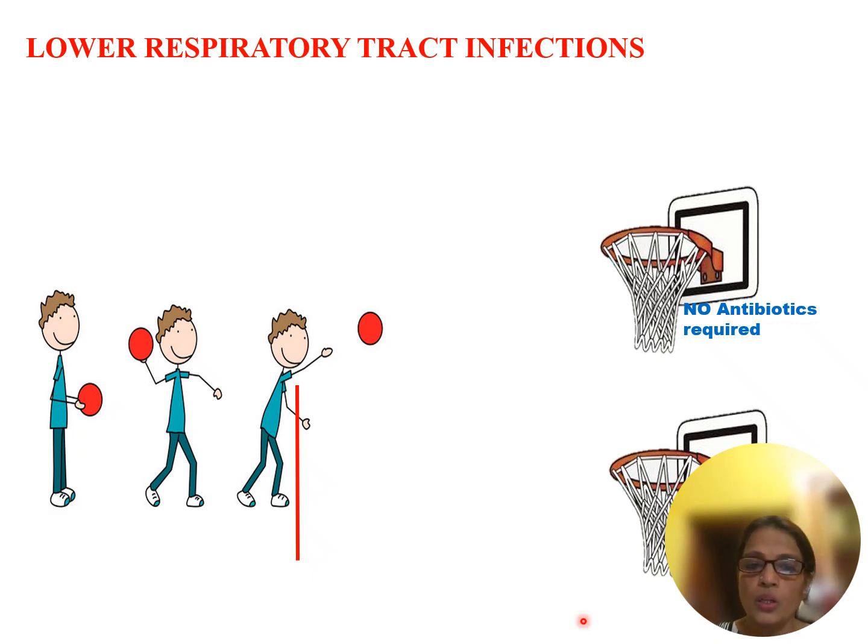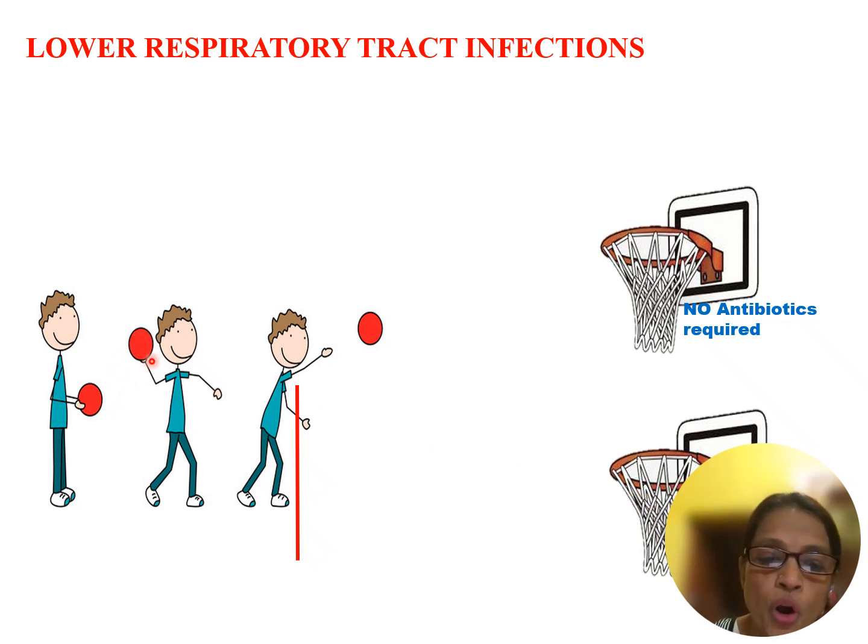Now, based on these general features that I just now described on the bacterial infections and the viral infections, what you need to do is you need to differentiate the host of features that I give you in the next slide into viral etiology where no antibiotics are required or bacterial etiology where antibiotics are required.